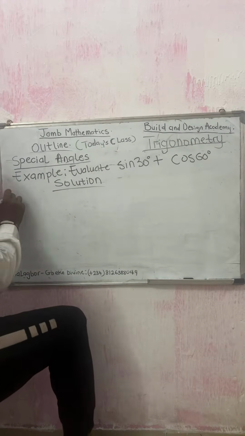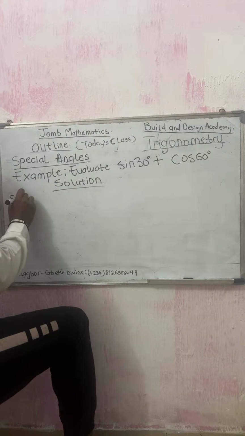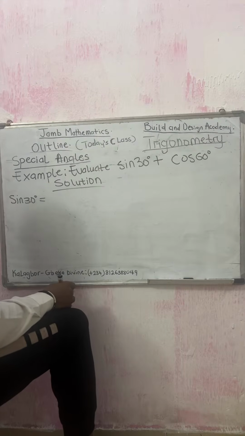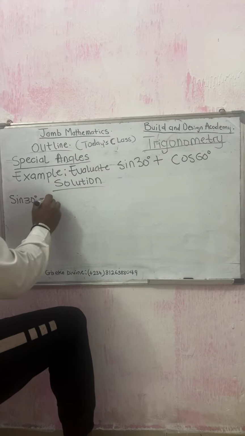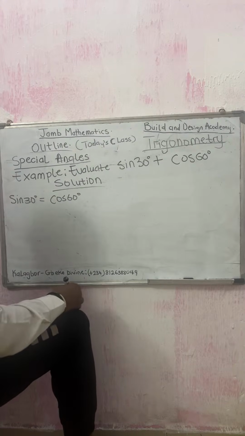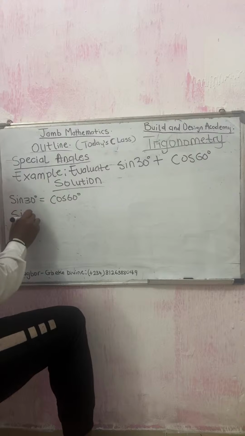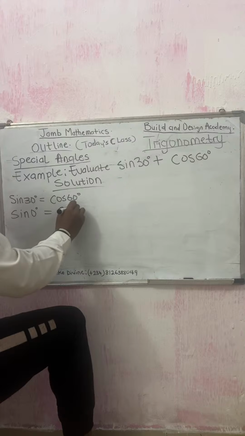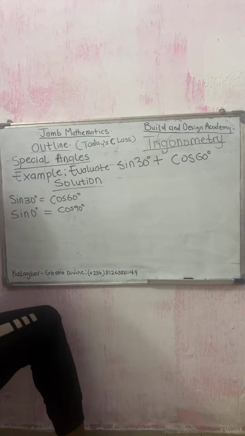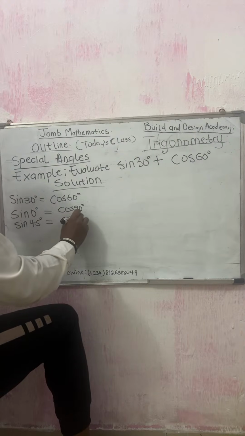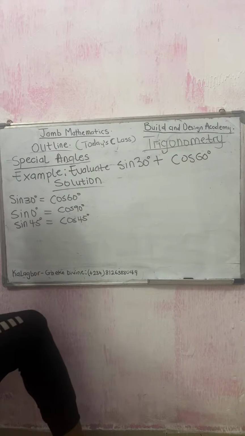All you need to do is to recall from our standard table. We know that sine 30 degree is the same thing as cos 60 degree. And we know that sine 0 degree is the same thing as cos 90 degree. We also know that sine 45 degree is the same thing as cos 45 degree.